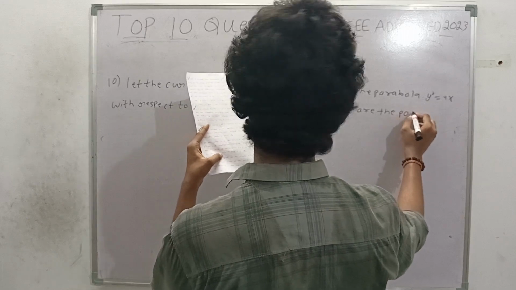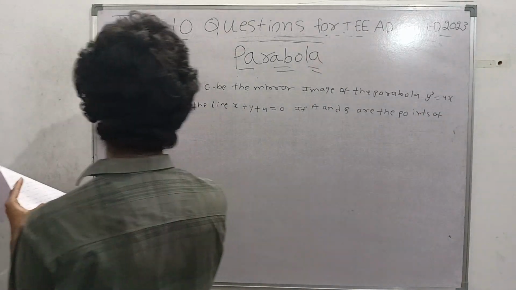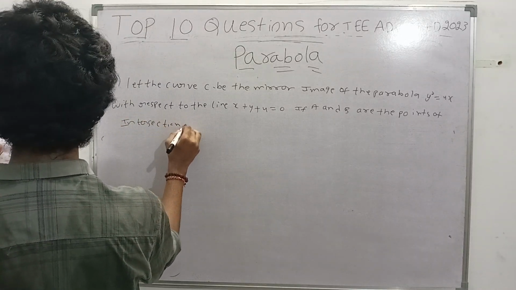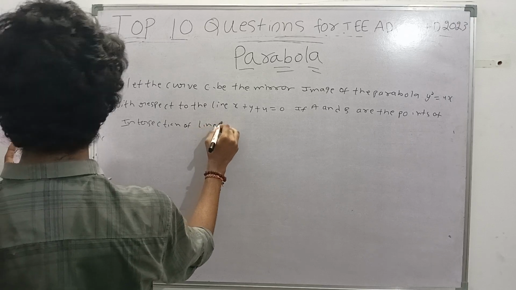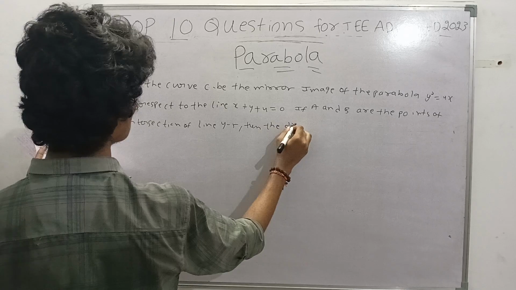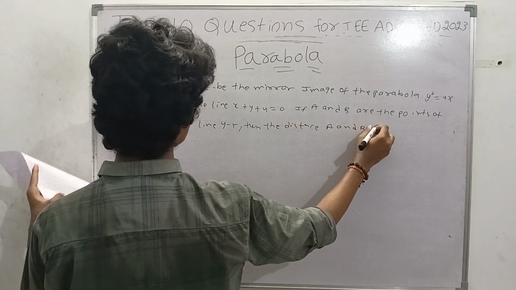If A and B are the points of intersection of the line y equal to minus 4 and the curve C, then the distance between A and B is what?